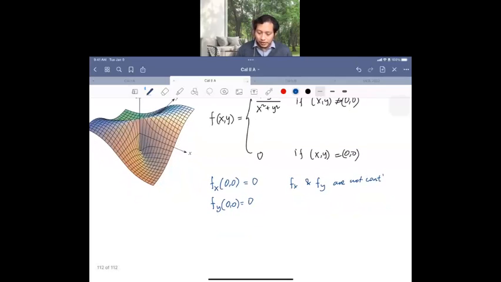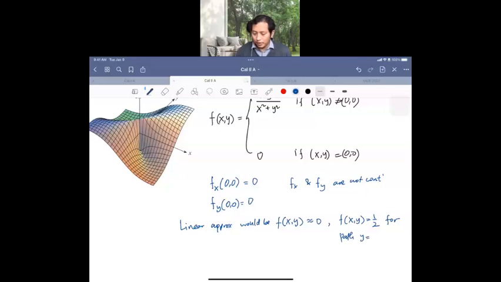The linear approximation would be, for f(x, y), approximately 0. But f(x, y) can be one half along the path y equals x.